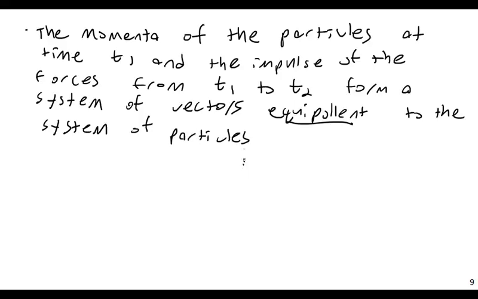In other words, they are vectorially equivalent. So the momenta of the particles at time t1, and the impulse of the forces from t1 to t2, form a system of vectors equipollent to the system of momenta of the particles at time t2. Okay?